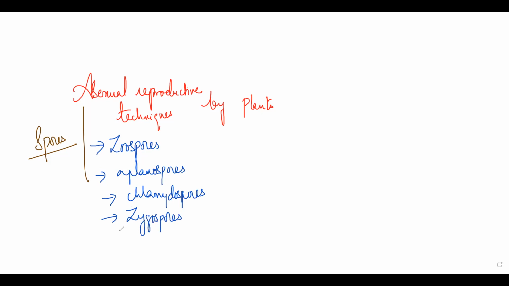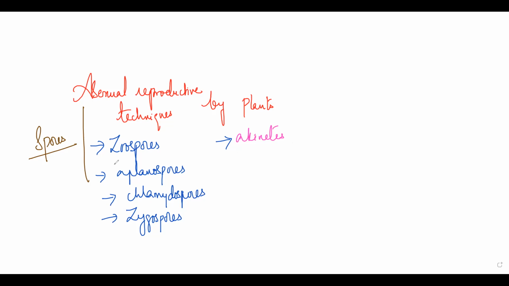And you might be coming across some other different techniques of asexual reproduction by algae and fungi, like akinetes. Okay, we will be going through these. We'll just get into the details and find out what all these are.